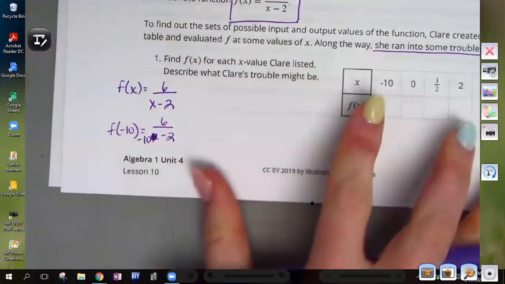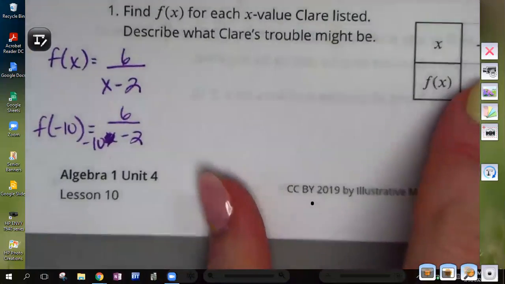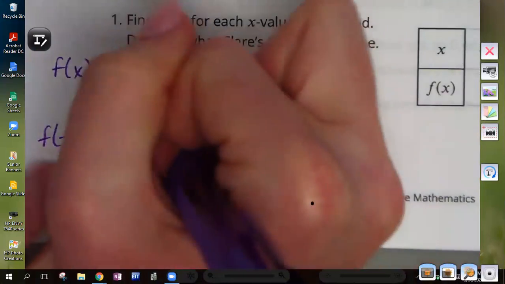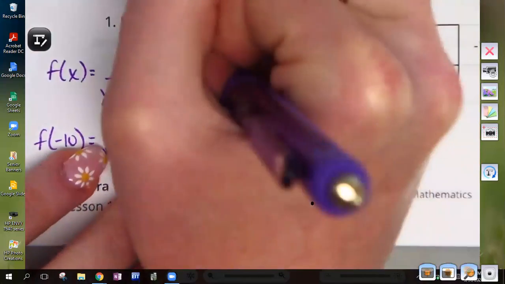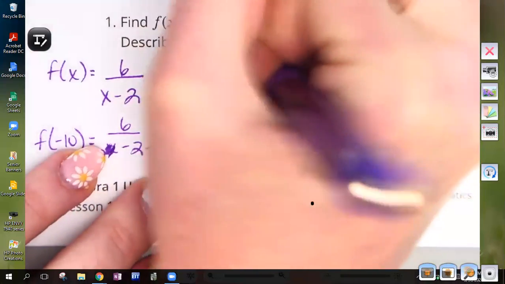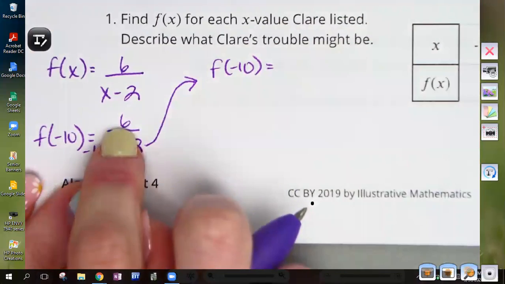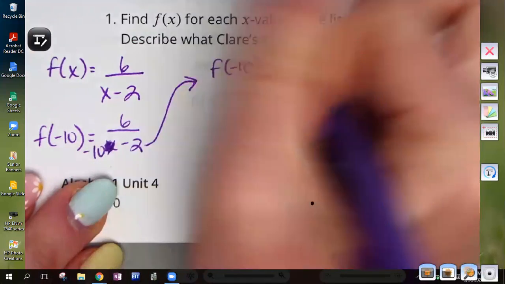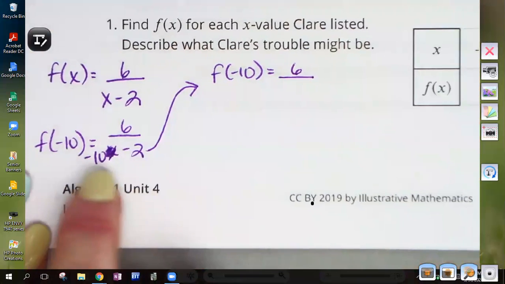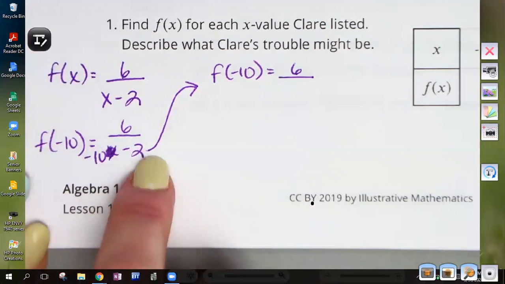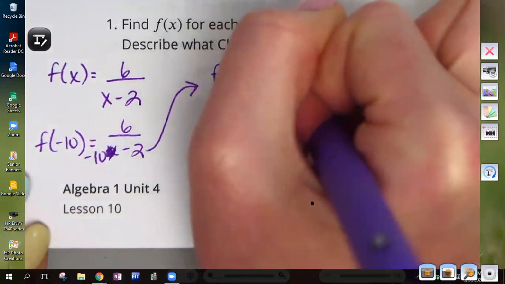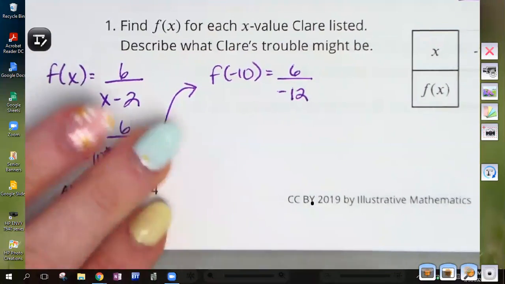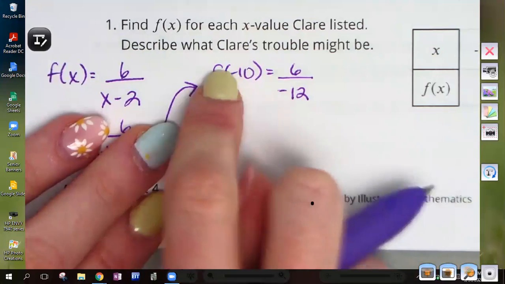Okay, so let's simplify this. So we have f of -10 equals, can I simplify this numerator? No, it just says 6 for now. All right, what's -10 minus 2? -12. All right, now, does this simplify over here?